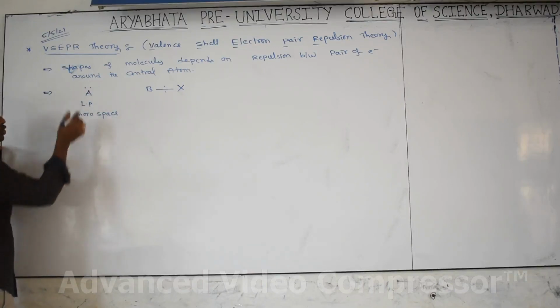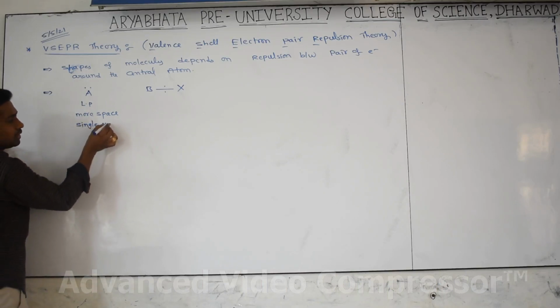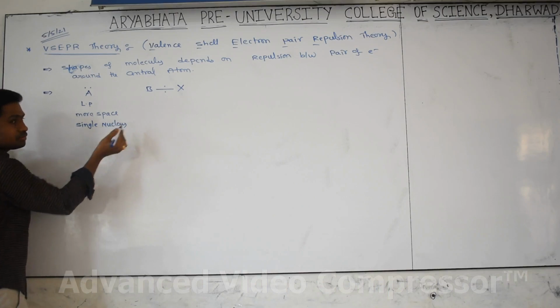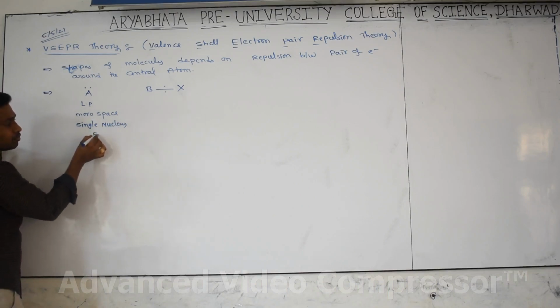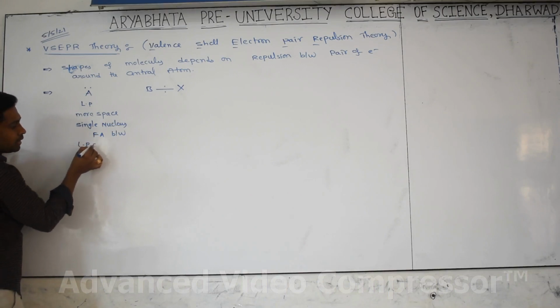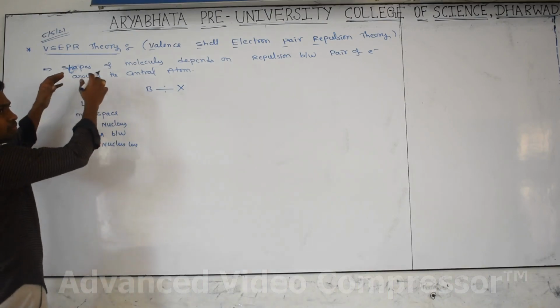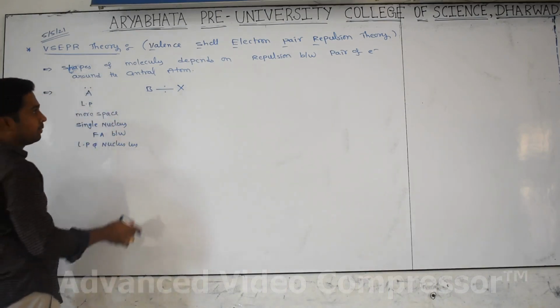Why? This lone pair is affected by a single nucleus, the A atom. Because of the single nucleus, the force of attraction between the lone pair and the nucleus is less. Because of the less force of attraction, the lone pair occupies more area.